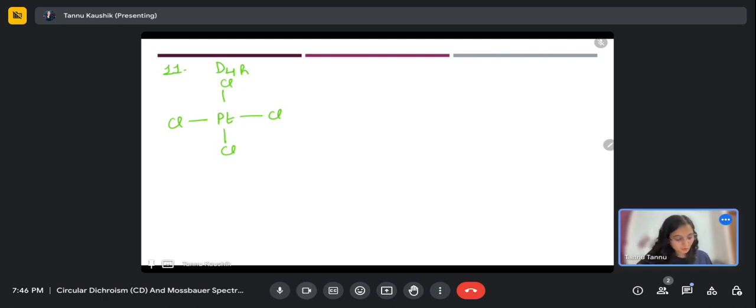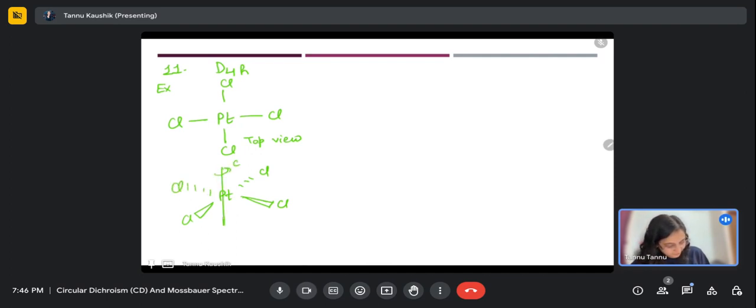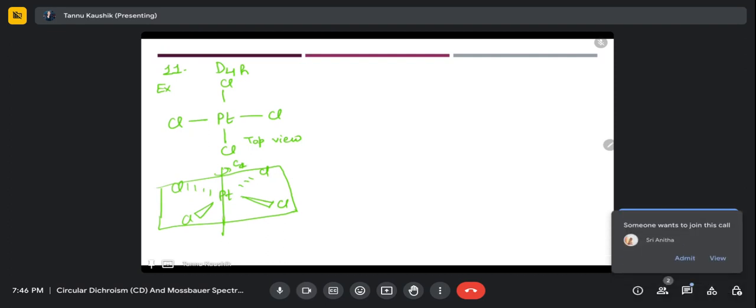So this is the top view. The side view will look like this. Okay. And we will have a C4 axis perpendicular to the molecule. Then we will have a horizontal plane which is perpendicular to this C4 axis and containing all the atoms on it.